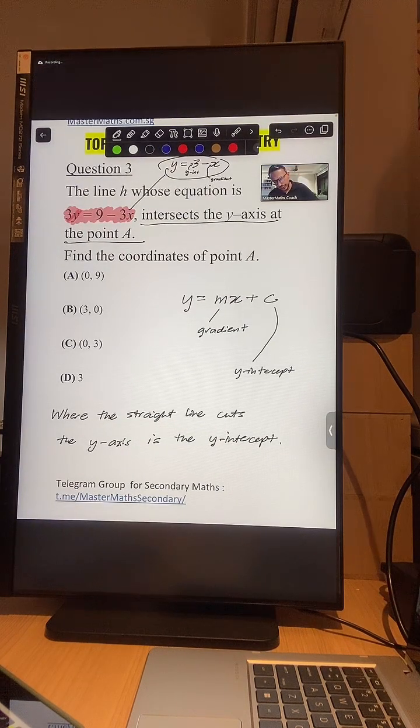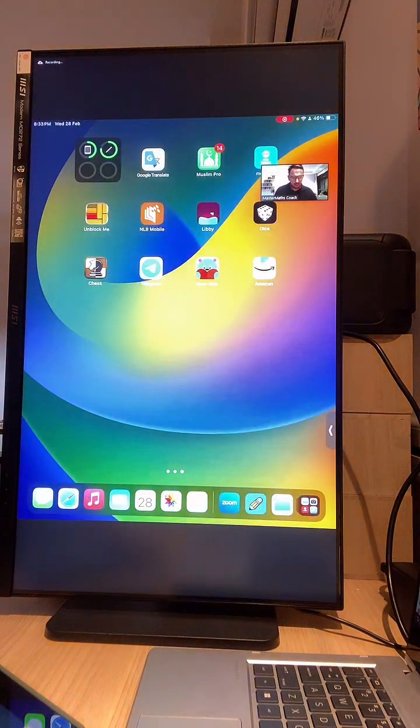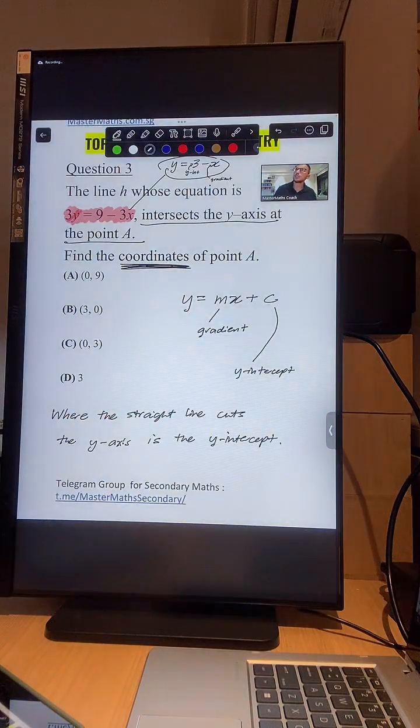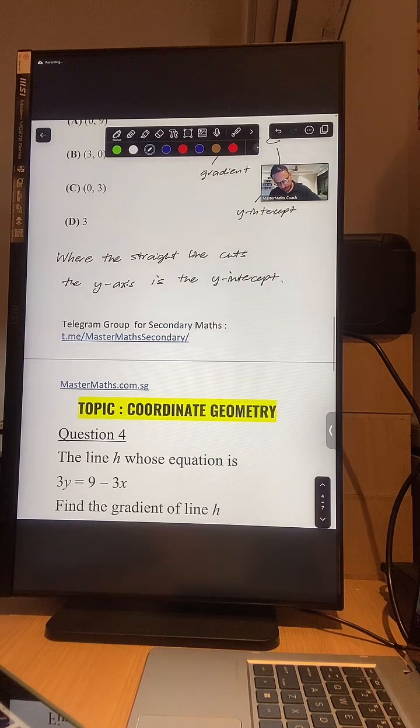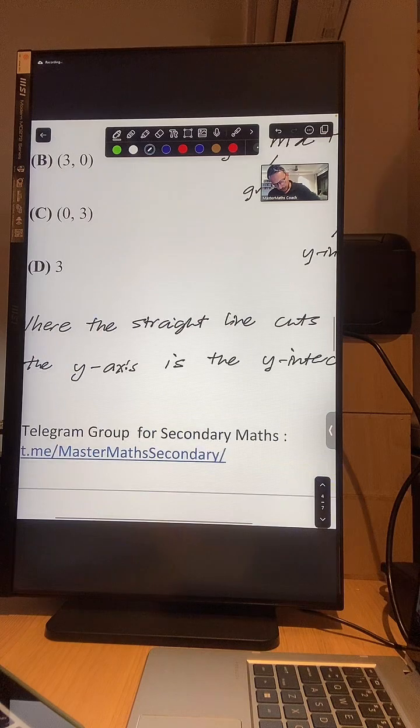But they are asking for coordinates. Okay, sorry. So when they are asking for coordinates, we have to give your x coordinate and your y coordinate. Now, what do we know about the x coordinate of any point on the y-axis? Let me ask that question here.